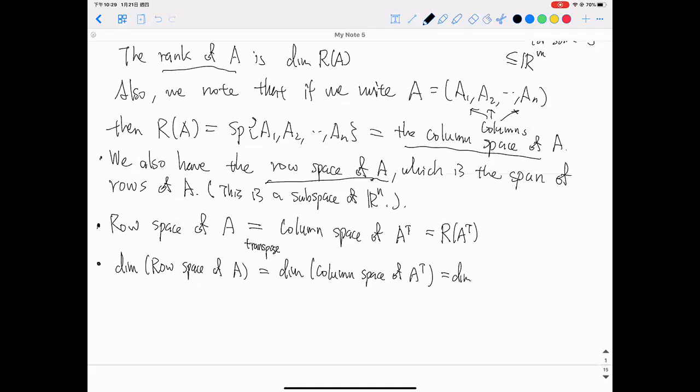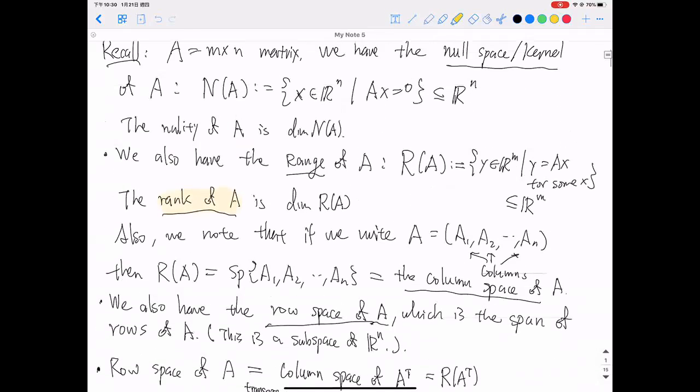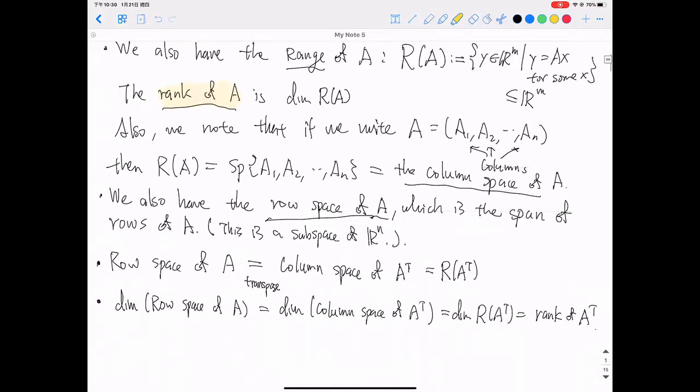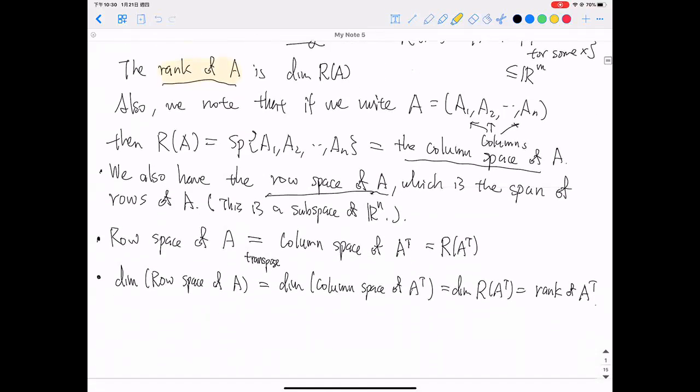So this is therefore the dimension of the range of A transpose. And by definition, this is called the rank of A transpose. Okay, so we have now the notion of rank of A. Before that we had the notion of nullity of A. And now we have the rank of A transpose appearing in the discussion.